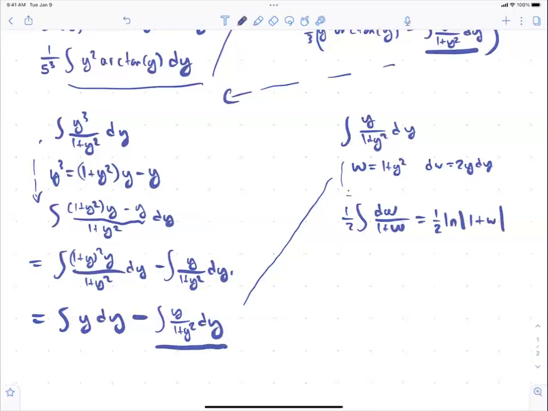Okay, well, that integral I know how to do. Good. And then if I substitute back in, what was w? w was 1 plus y squared. Sorry, there's no 1 plus w here, it's just w.